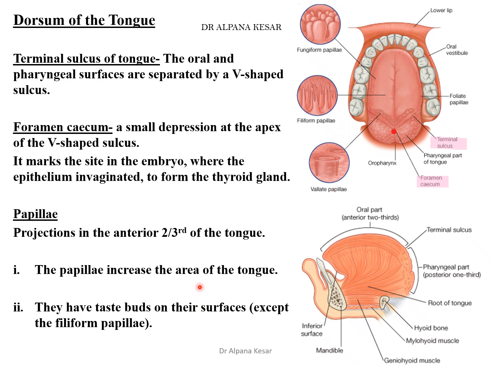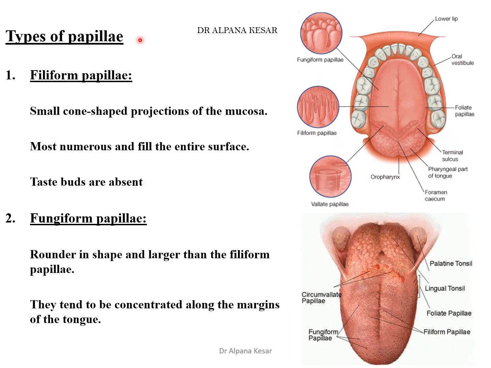Papillae increase the surface area of the tongue and they have taste buds present in their wall. There are four types of papillae present on the anterior 2/3 of the tongue. These are filiform papillae, fungiform papillae, circumvallate papillae, and foliate papillae.